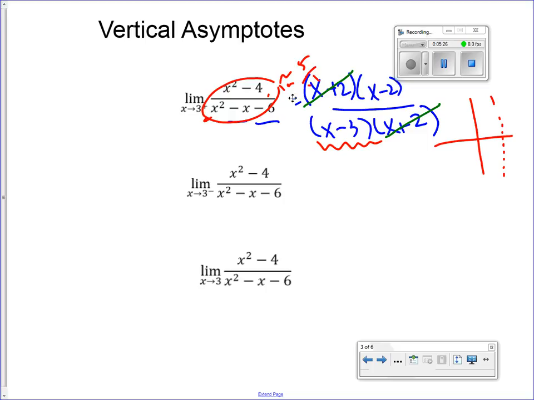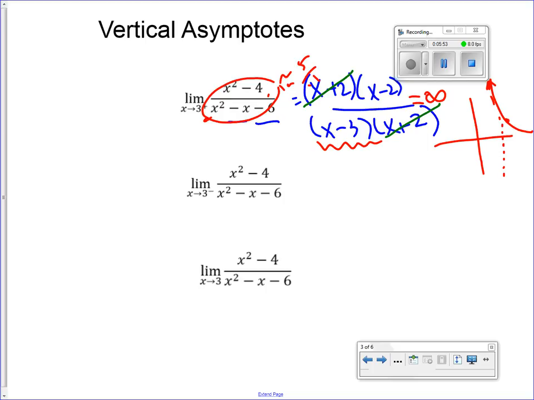The reason I'm not caring about exact is because I just want to know, is this thing going to go up or going to go down? And you'll notice that I get a positive number. So at 3.1, I get some positive number. I could check now 3.01 to see what I get, and if I'm getting another positive number, that's a hint to me that this graph is going up on the right side of that asymptote. So on the right side, it's going in the positive direction.